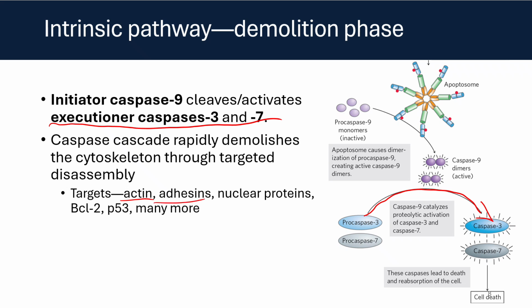Various cellular adhesins are also fair game for the caspases. These proteins allow the cell to stick to its neighbors, and also the nuclear proteins gotta go, the ones holding the nuclear envelope intact. Next on the hit list, though, are proteins like BCL2 and P53.